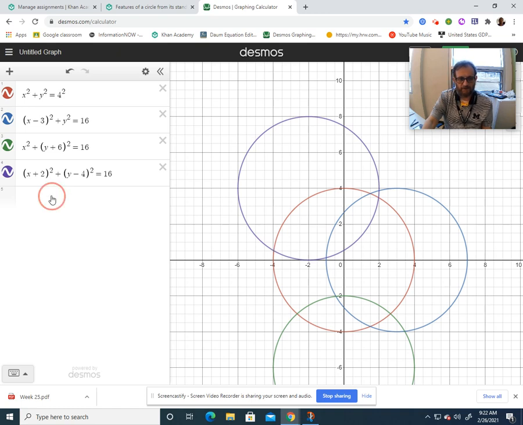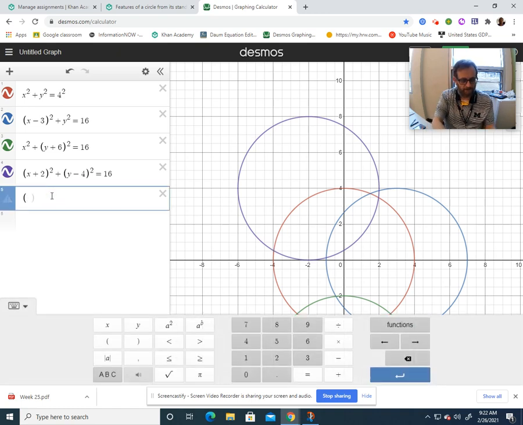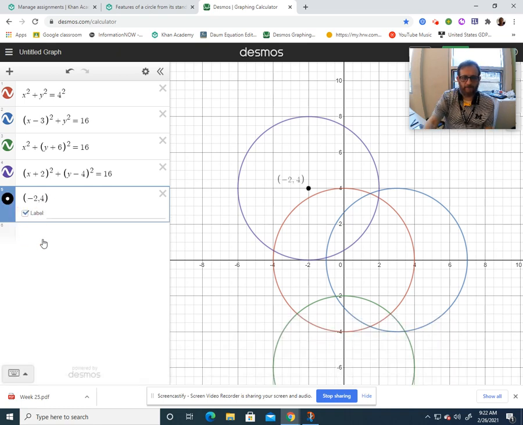The center is now the point (-2, 4), right there. And its radius is still 4. Nothing changed about the radius. I can slide it all over the place. But my center is the x and y values that make these 0. So that's where my center is located.